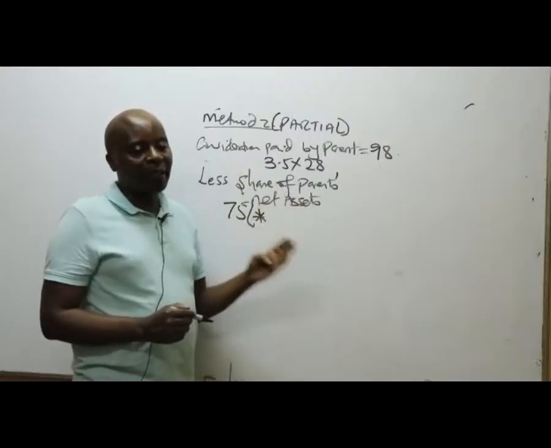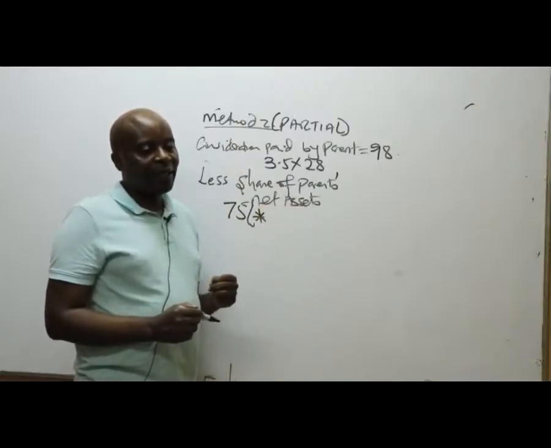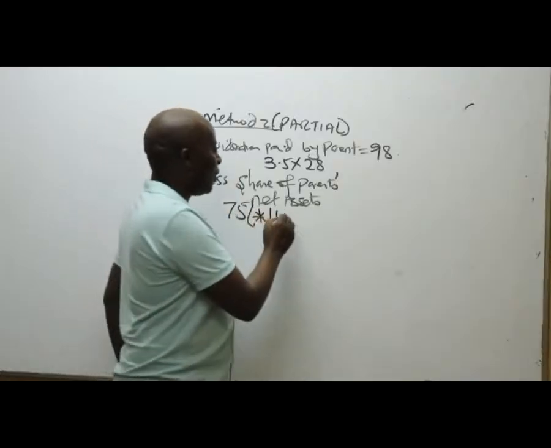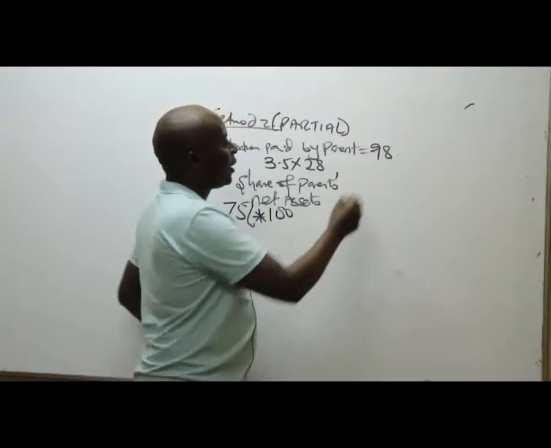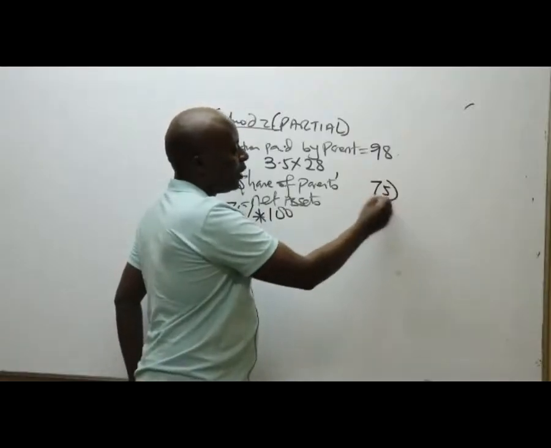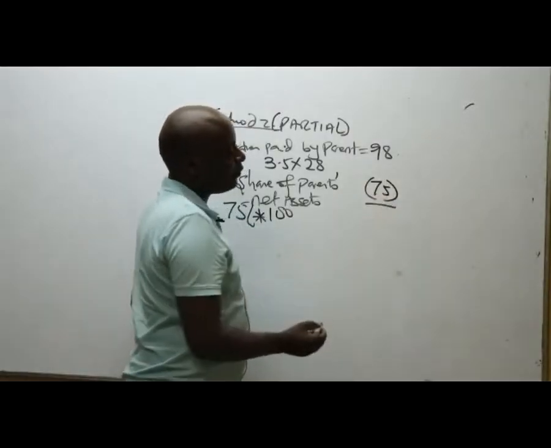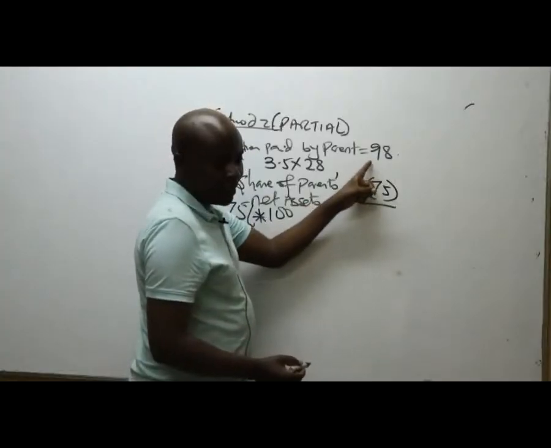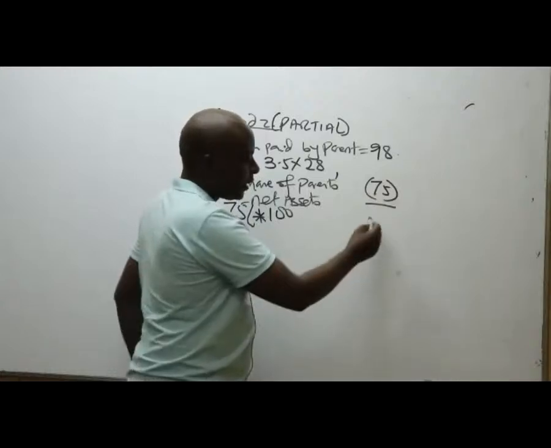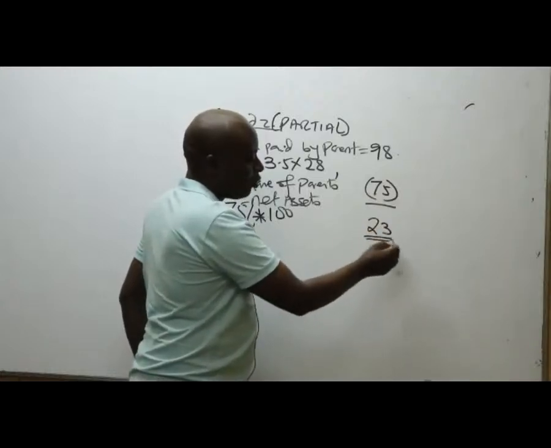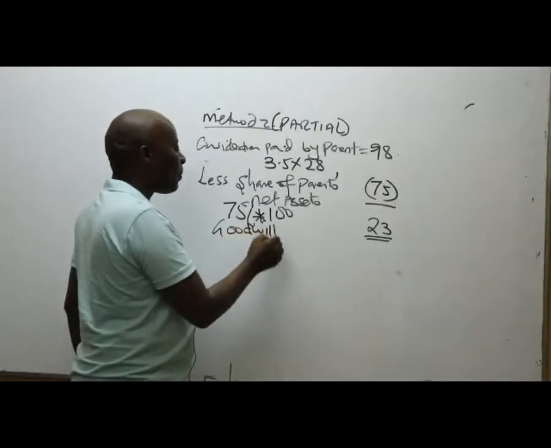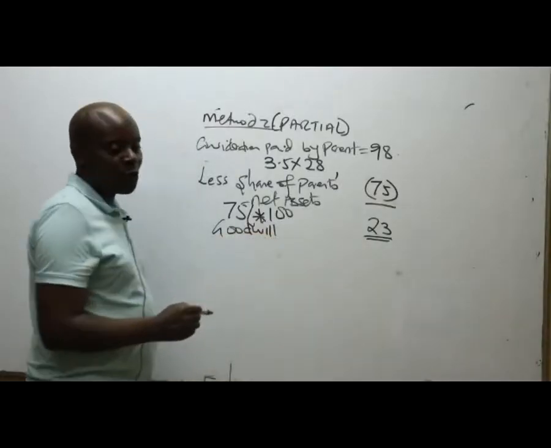Are you able to remember the net assets of this company? They were 100. So 75% of 100 gives me 75. When you take 75 away from 98, we end up getting goodwill of 23. This is the proper partial method that I recommend to you.